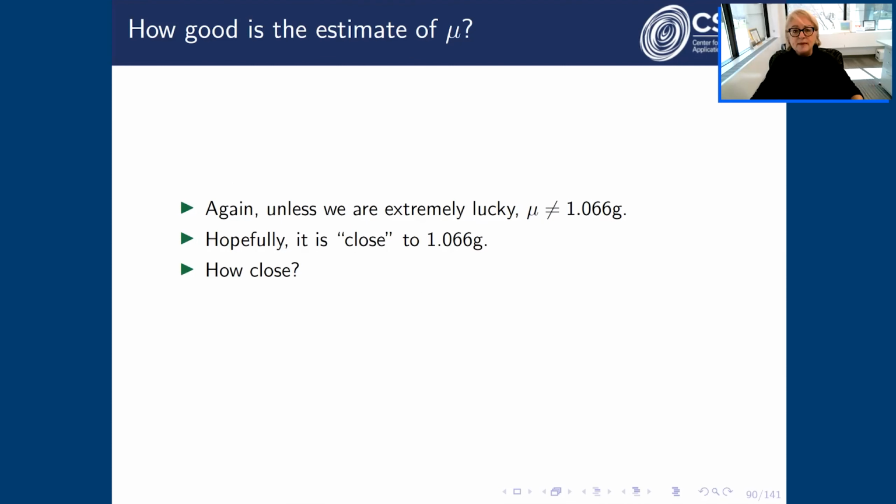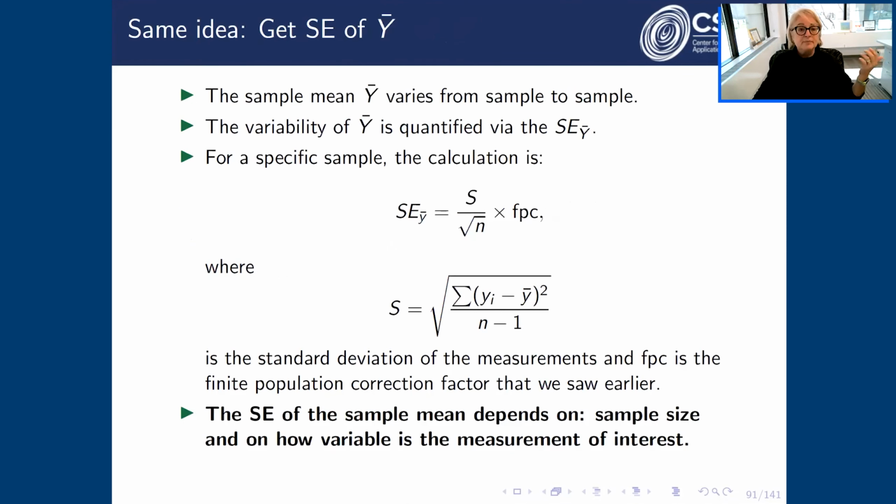Okay, so the same question I asked myself: how good an estimate of mu is y bar? And the same story, right? Unless we're very lucky, mu is not equal to y bar. So first of all, I hope that my sample estimate is close to mu, and to decide how close it is, I'm going to have to estimate the standard error of y bar, along the same lines that we did with the standard error of p.